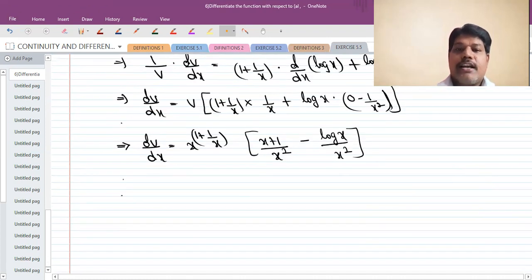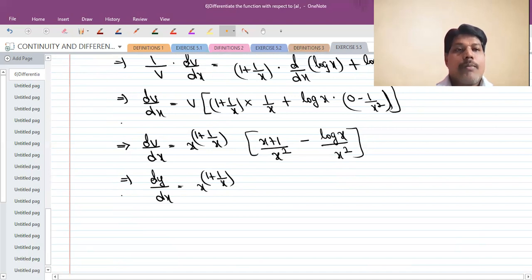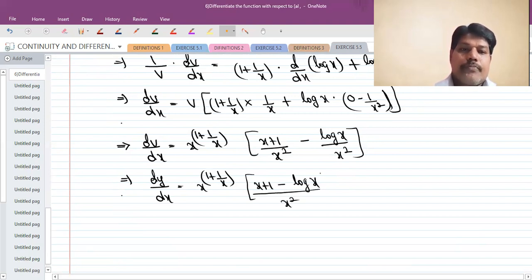So what we can take the LCM here, so that implies dy by dx is equal to x power 1 plus 1 by x, into, so if you can take the LCM here, students, what we will get, that x plus 1 minus log x whole by x square.